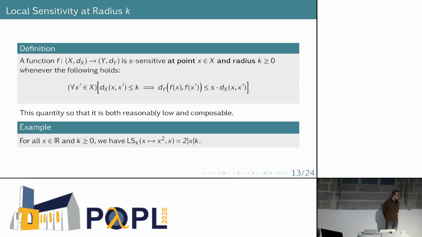The reason we introduced this is to be both a reasonably close approximation of the local sensitivity used in the literature, that is with k equals 1, but still being composable. And just as an example, for the square function, you get 2xk, k being the radius and x being the point, which is very similar to the derivative, as we expect.